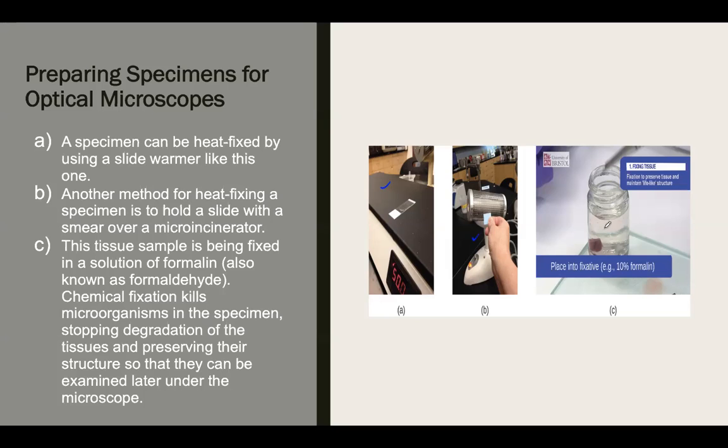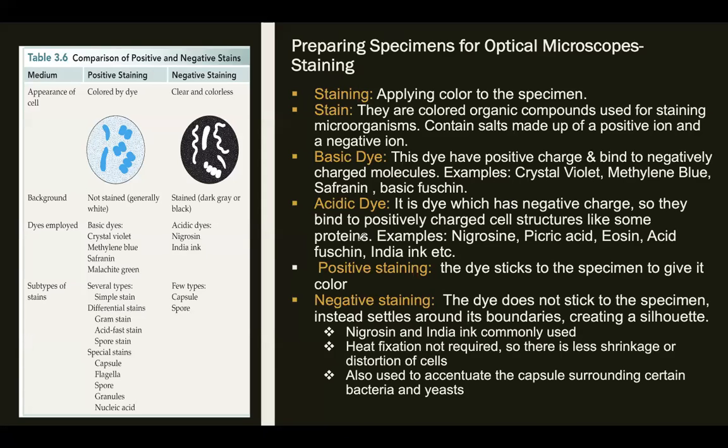Based on that, we can do chemical fixing. If it is chemical, then we do not need to use any heat fixing or air dry. So we basically treat the specimen with the chemicals and let it dry, and then from there we can move on.